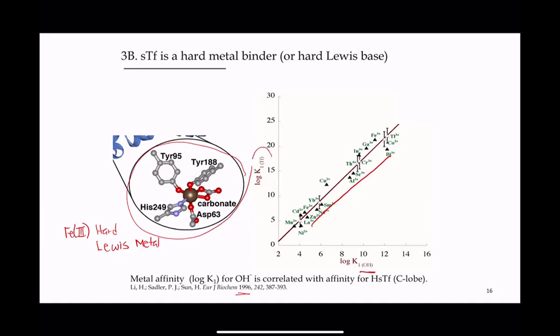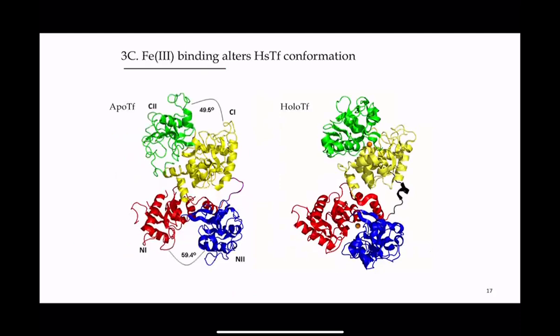And here we're just looking at the log K1, which means the primary binding site, not the second site. And you see the linear correlation. And what that indicates, as we can already speculate, is that the serum transferrin metal binding site is a hard metal binder, or you can think about it in terms of its Lewis property as a hard Lewis base.